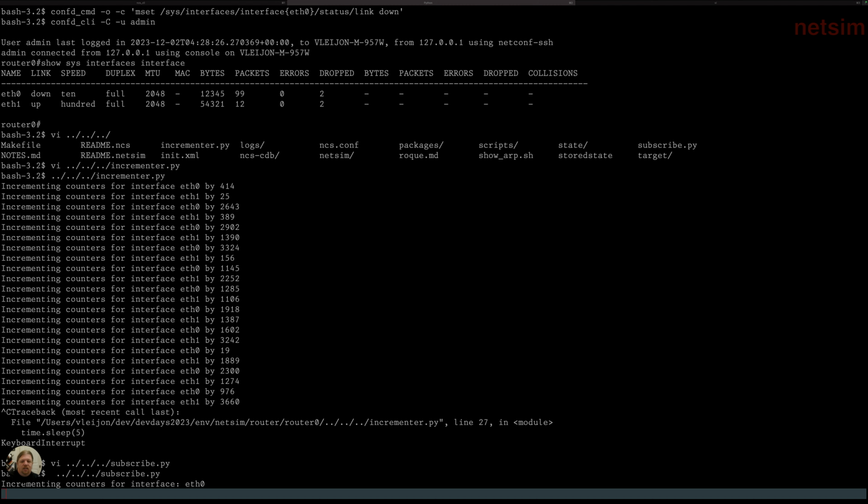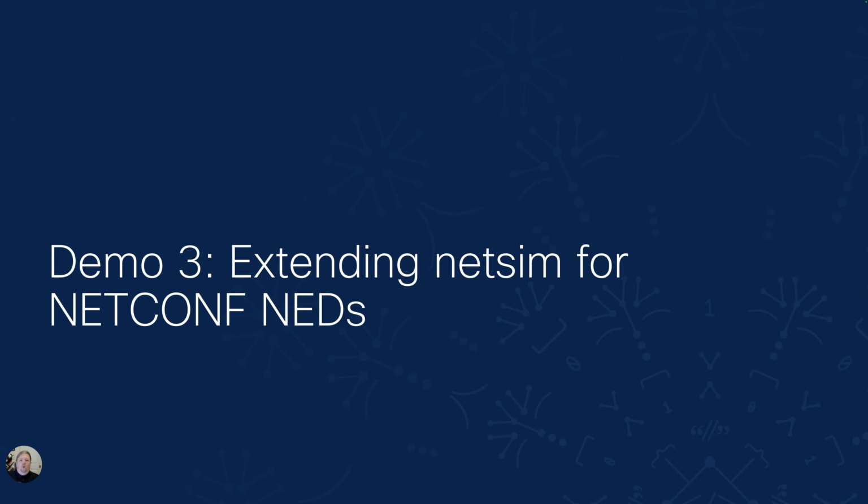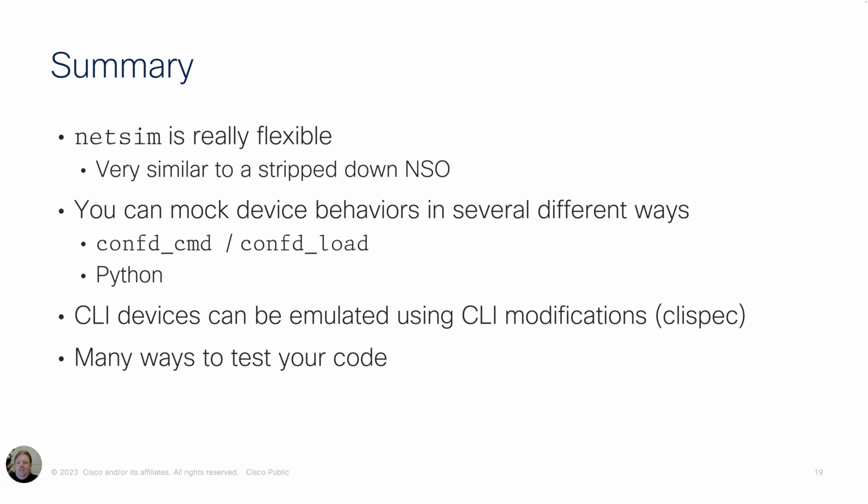Okay, let us try and wrap this up a little bit. What have I talked about today? I've talked about how flexible Netsim is, how similar it is to a stripped down NSO, or how similar NSO is to a very bulked up Netsim. Now you can mock behaviors in different ways. You can use conf_cmd, conf_load, or Python.